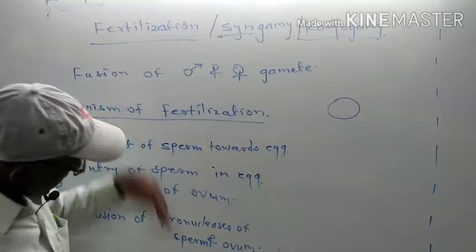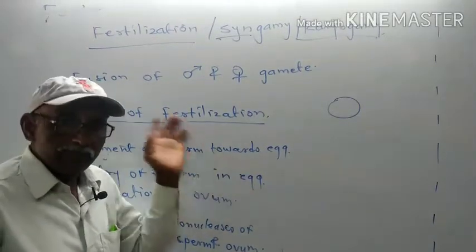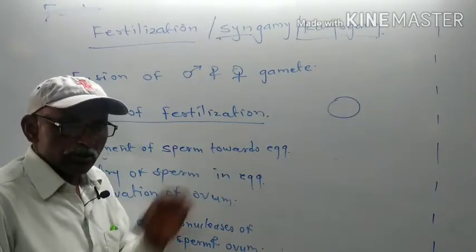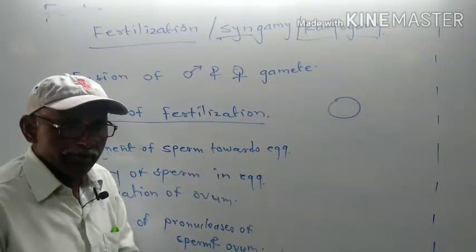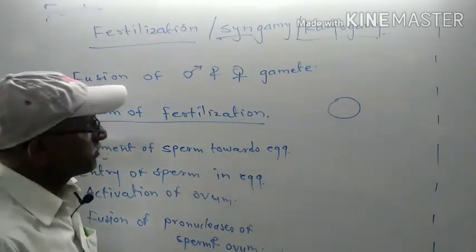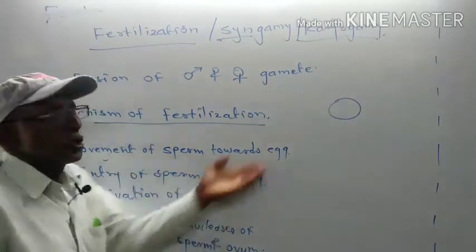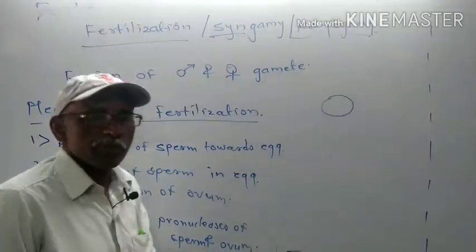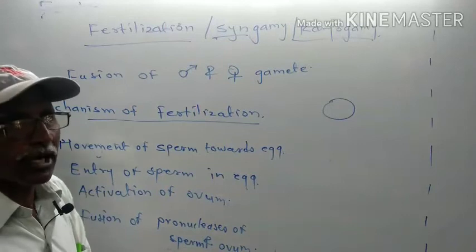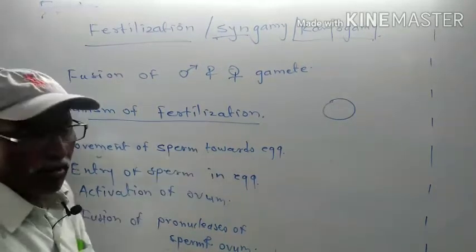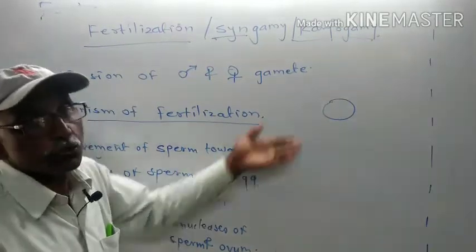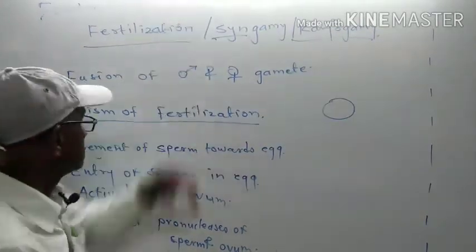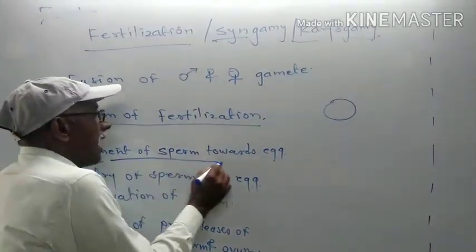Secondly, if there is a fertilization process on the 13th or 14th day, when there is mating between male and female, the sperm is ejaculated into the vagina of the female. Then this sperm has to move to the ampullary region.